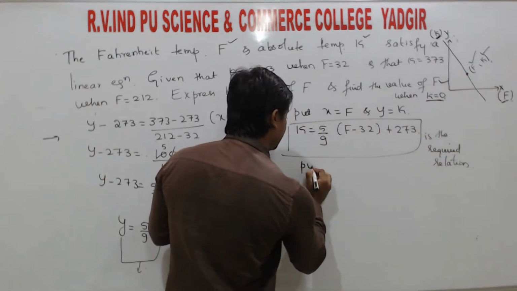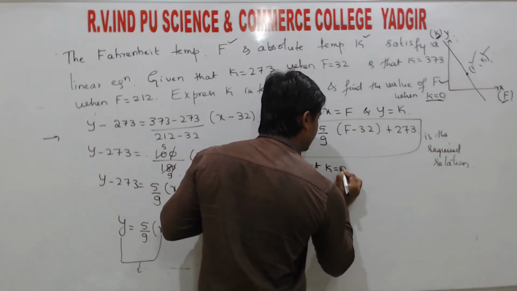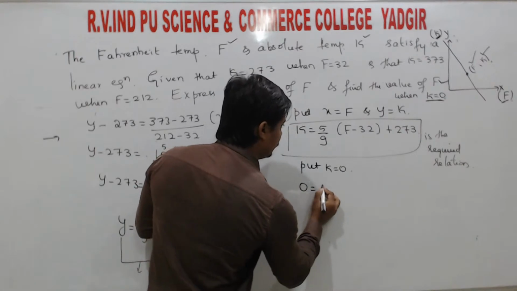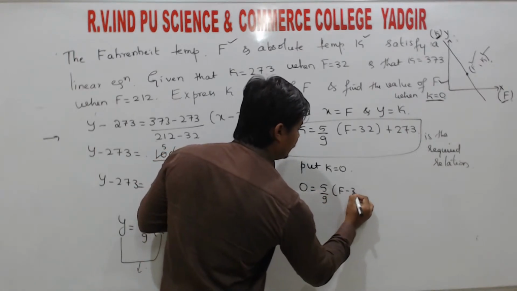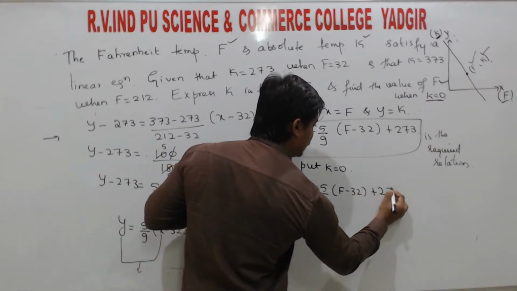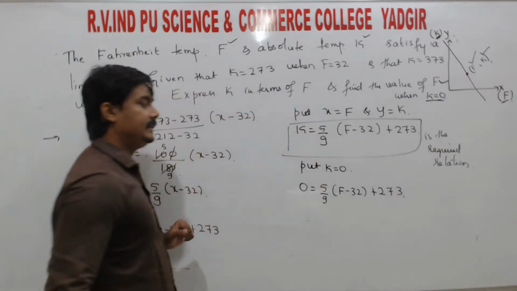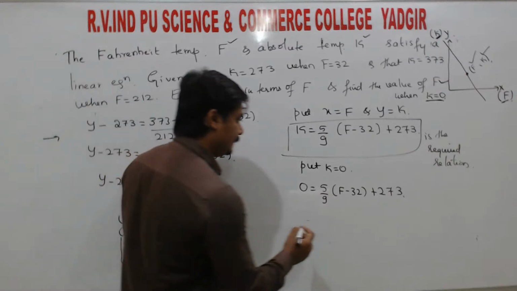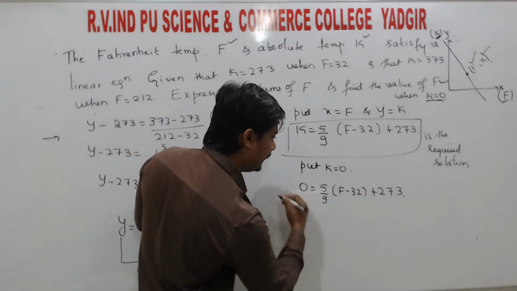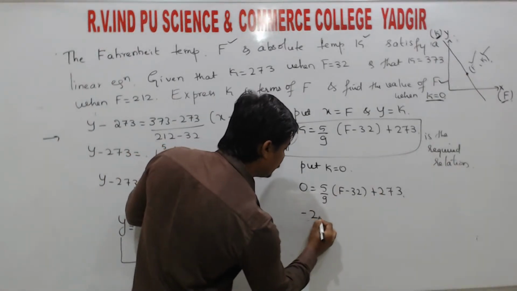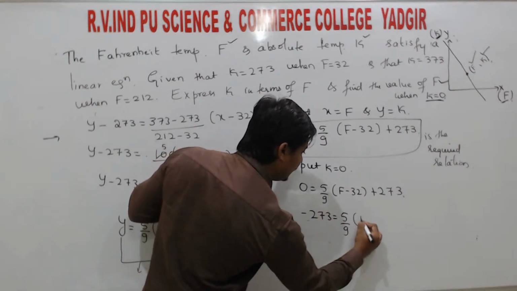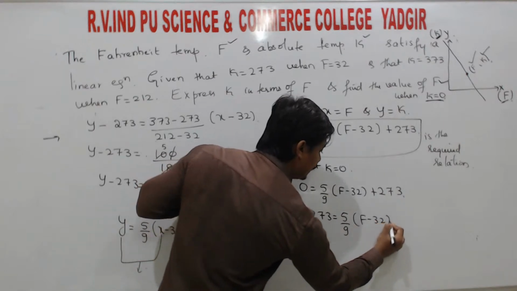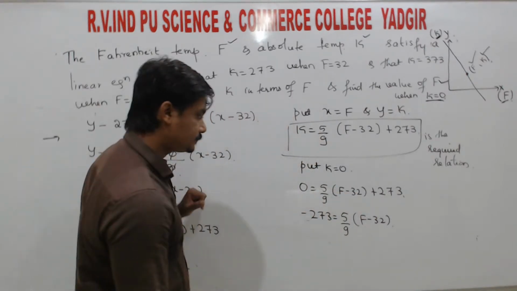So put k equal to 0. 0 equals 5/9 into f minus 32 plus 273. If I take 273 to the left side, this is minus 273 equal to 5/9 into f minus 32.